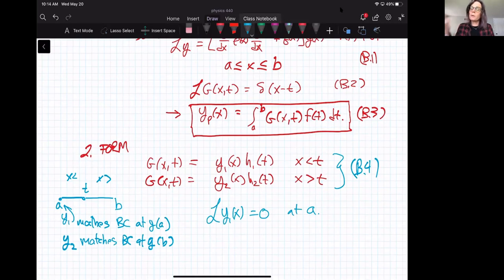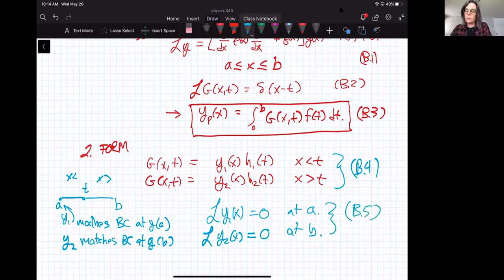So if we were doing this for the Poisson equation, y1 would be the solution to Laplace's equation at x equals A, and y2 would be the solution to Laplace's equation at point x equals B. Okay.